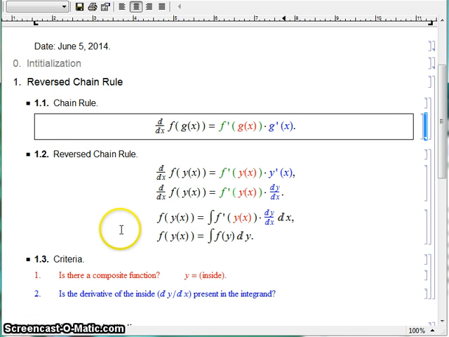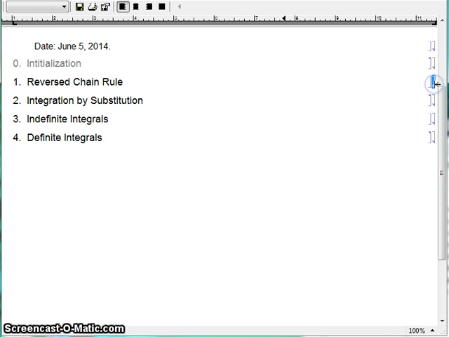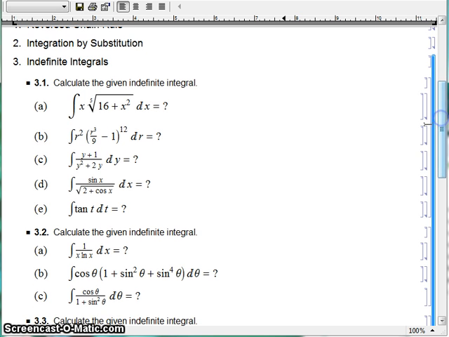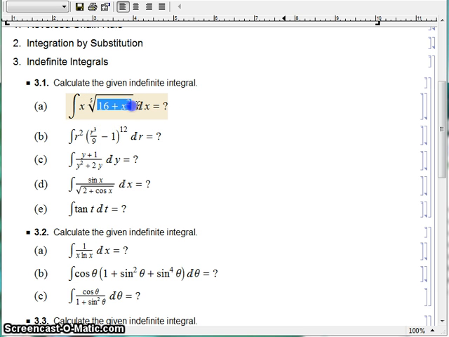Well, it is briefly explained over here, but it's a little bit meaningless at this moment without an example. So let's go over to examples right away. Look at the first one, 3.1a. We have a composite function here. 16 plus x squared is inside this radical, and you cannot simplify this radical anymore, so we have to do something.